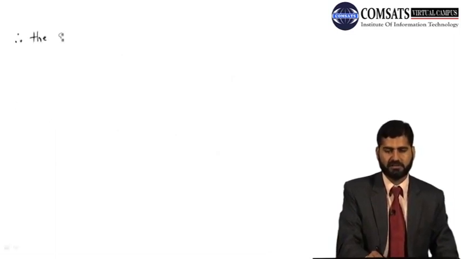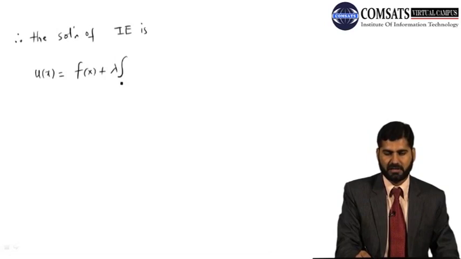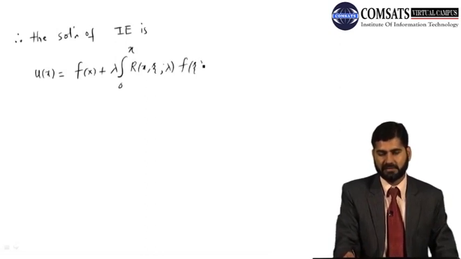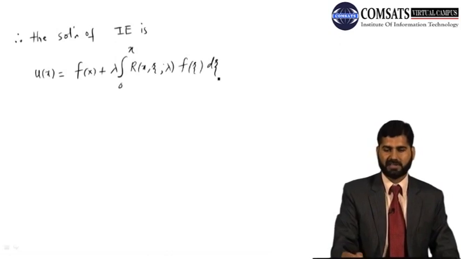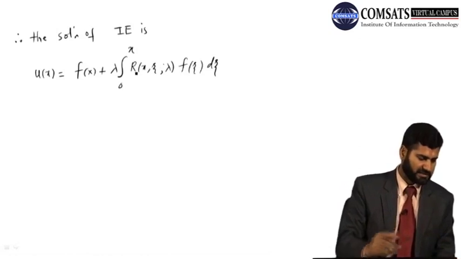So therefore the solution of the integral equation is u of x is equal to f of x plus lambda integral from 0 to x, resolvent kernel, times f of xi d xi. All right, so that's how you can find the solution. Replace the resolvent kernel here, the values of x here, and you get the solution.